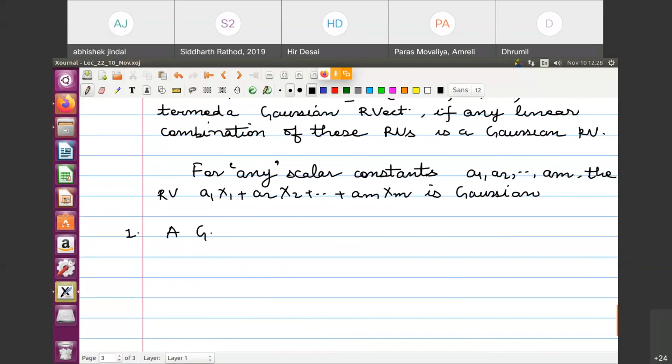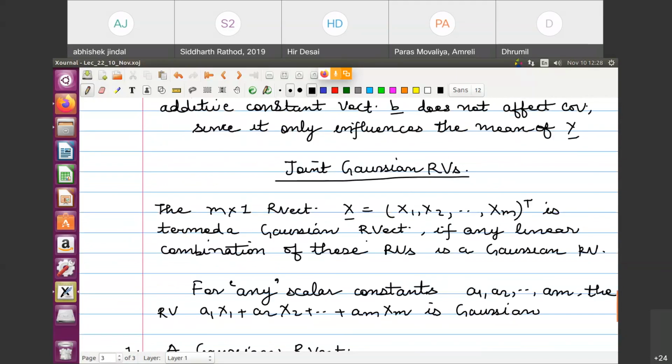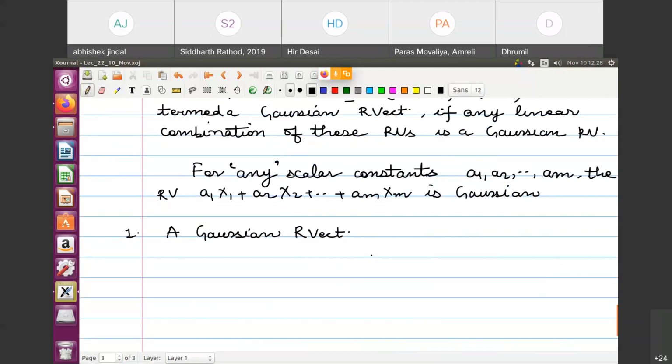Now, this is important. A Gaussian random vector, meaning that any linear combination of the random variables leads to a Gaussian random variable, is completely characterized by its mean vector and covariance matrix.